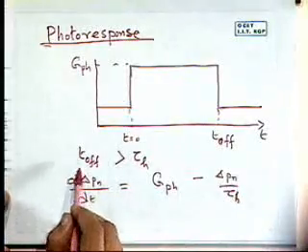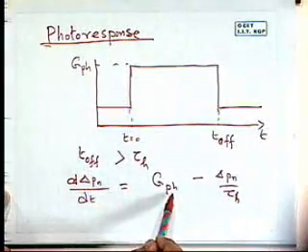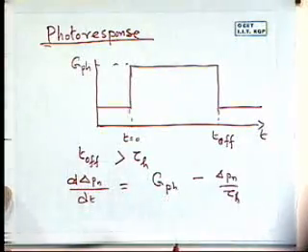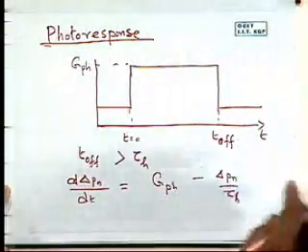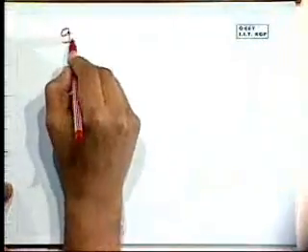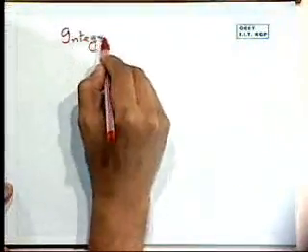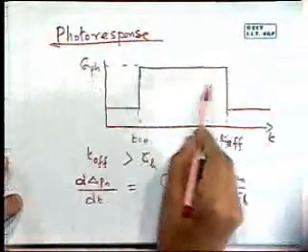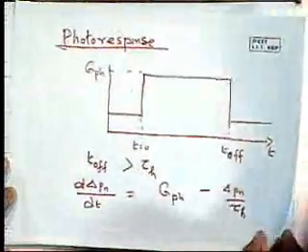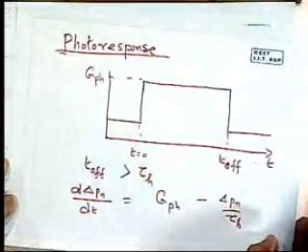Namely that the rate of increase is equal to the rate of generation minus the rate of recombination. We can integrate this equation, keeping in mind that Gph is a constant over the time from when it is turned on. There is no change in the rate of generation. So Gph is a constant with time.